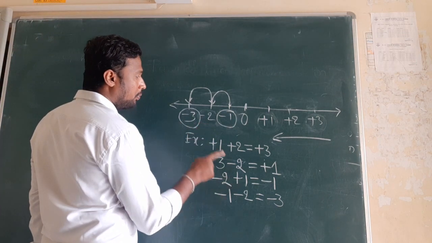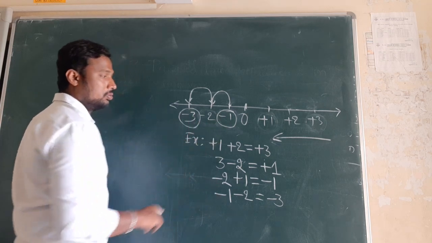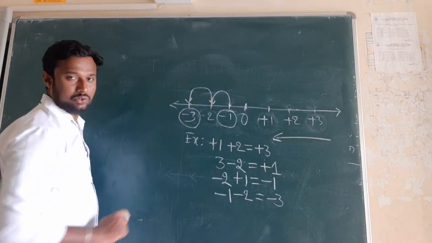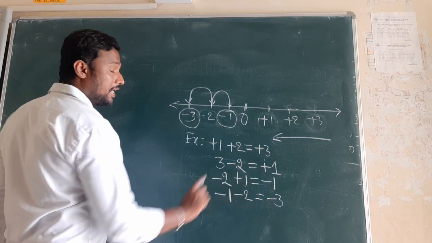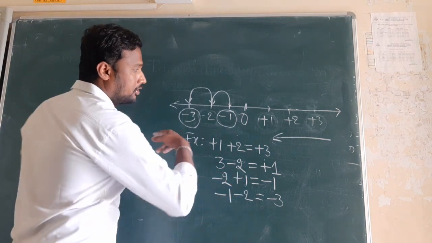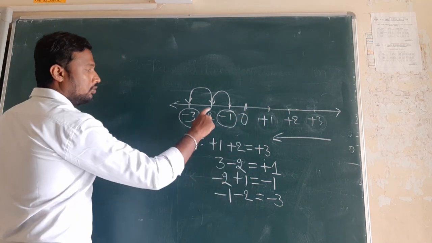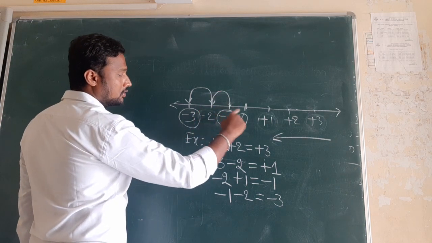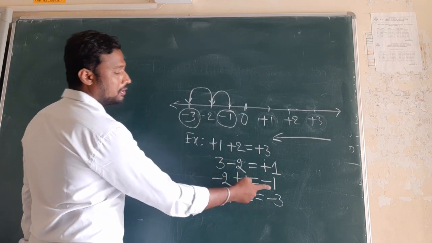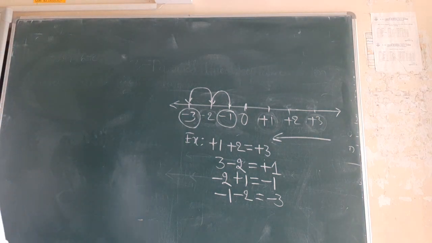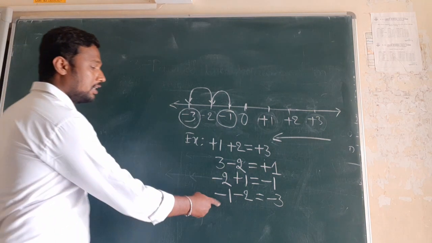When you add +1 to -2, first you have to represent -2 here. Then when you are adding, you just move in right direction. So you move one step towards right direction. So what will you get? -1 as the answer.